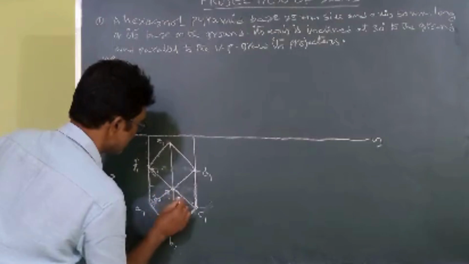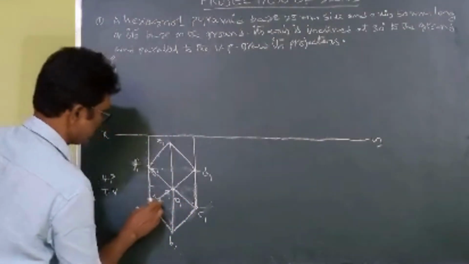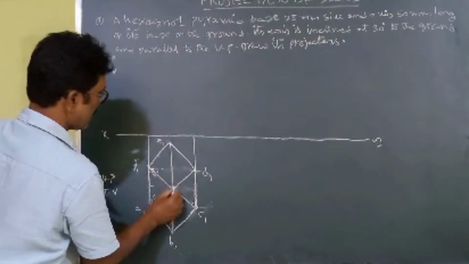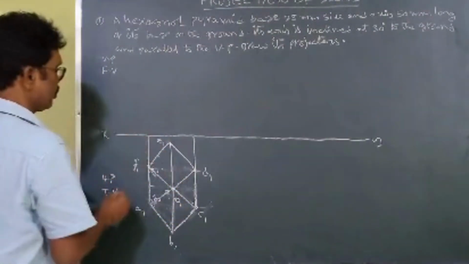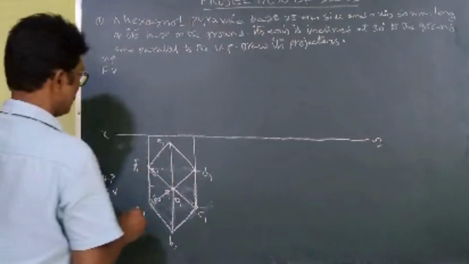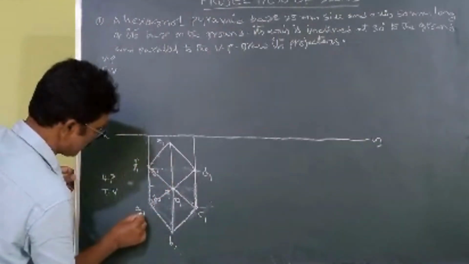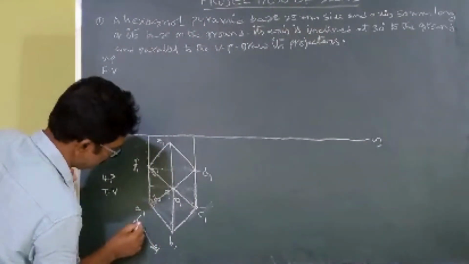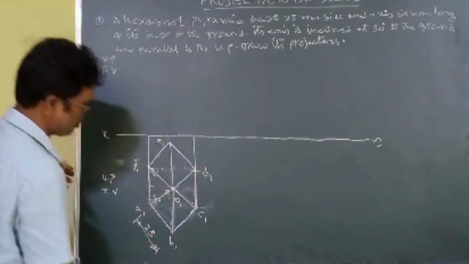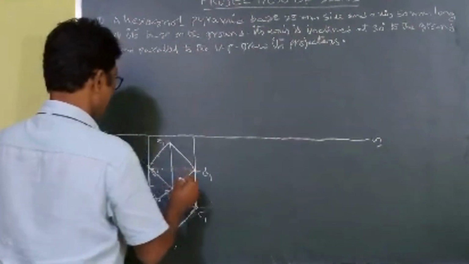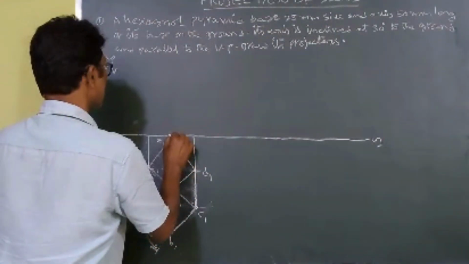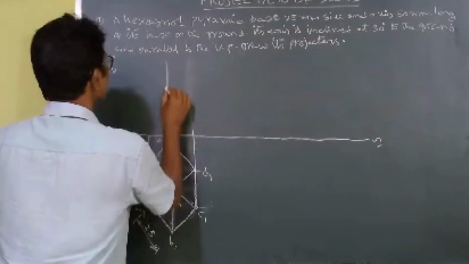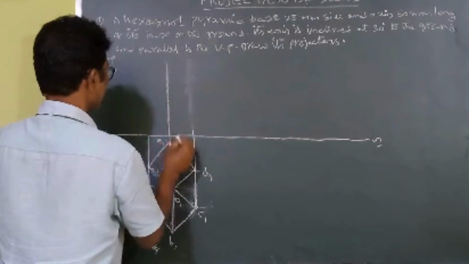This is O1. This is the top view of the hexagon. This side is equal to 25, as we already know. Now we can develop the front view. You draw the projectors from the XY line. You extend this axis vertically, perpendicular to the XY line.